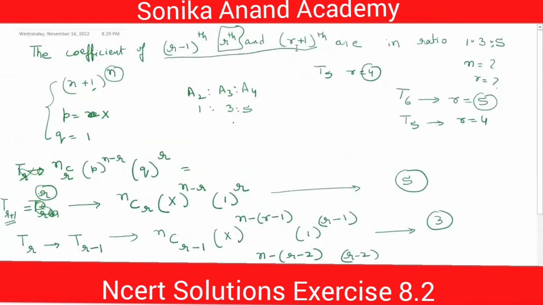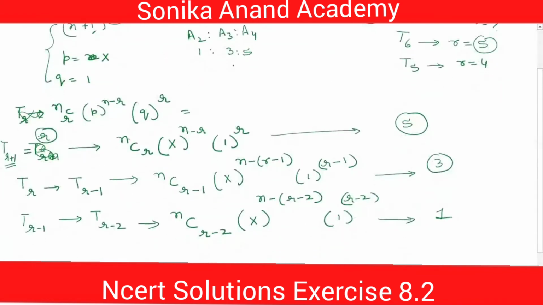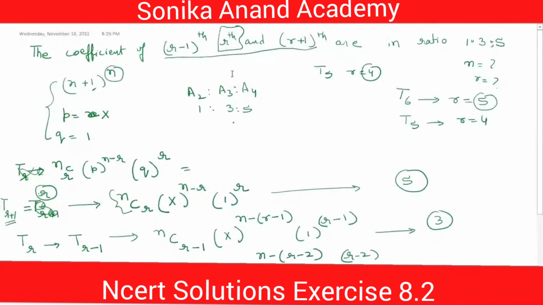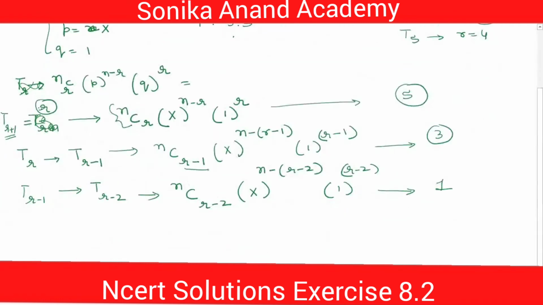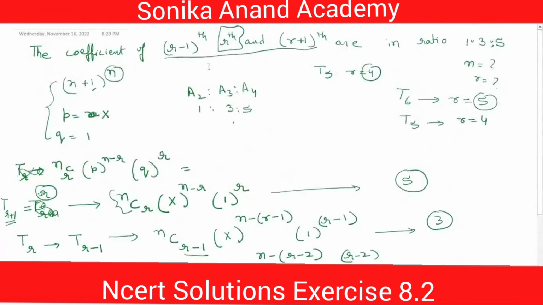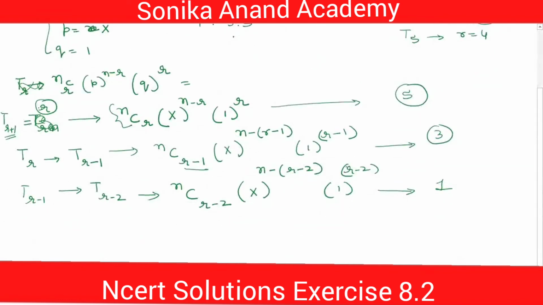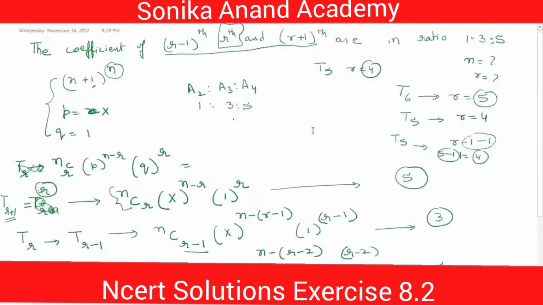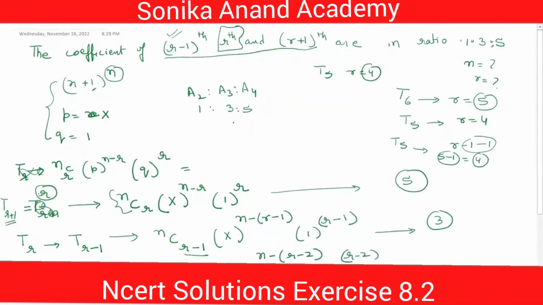Similarly, when we write r plus 1, we use nC(r plus 1). When we go for r, we use r minus 1. When we go for r minus 1, we use r minus 2. For T5, we use 5 minus 1, that is 4. Understood? For r minus 1 we have 1, for r we have 3, for r plus 1 we have 5.